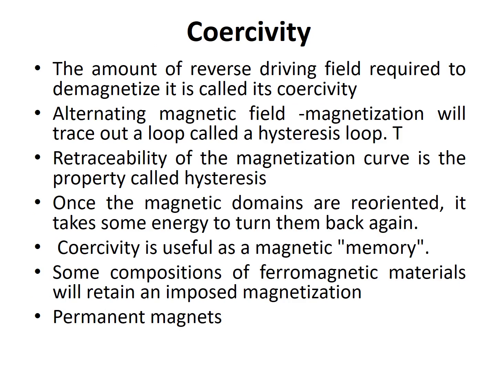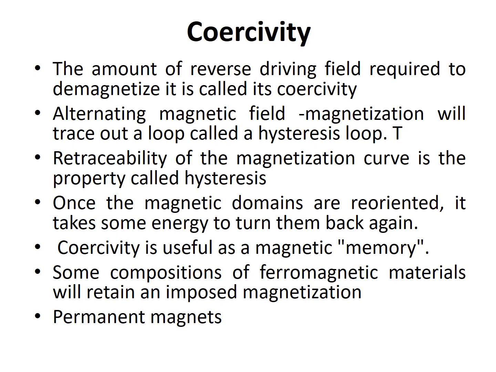Coercivity. It must be driven back to zero by a field in the opposite direction. The amount of reverse field required to demagnetize it is called coercivity. If an alternating magnetic field is applied to the material, its magnetization will trace out a loop called the hysteresis loop.